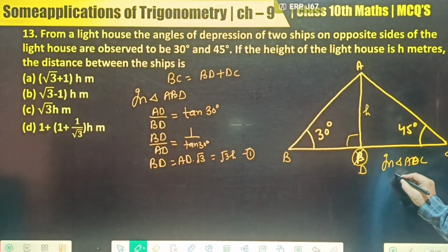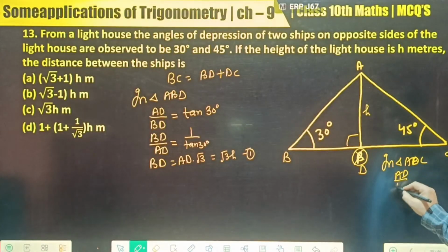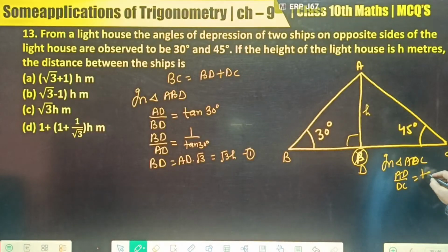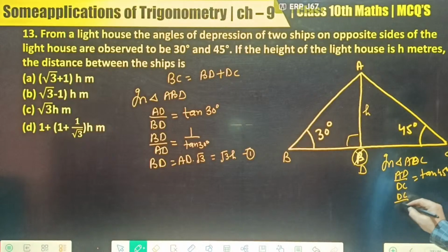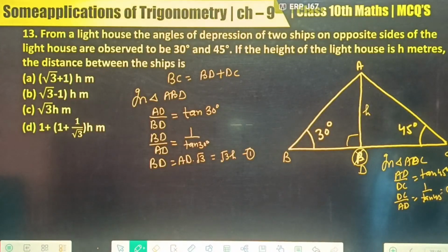So AD by DC is equal to tangent 45 degree. And DC by AD is 1 by tangent 45 degree, which is equal to cotangent 45 degree. So DC equals AD into 1. So DC equals H meter.